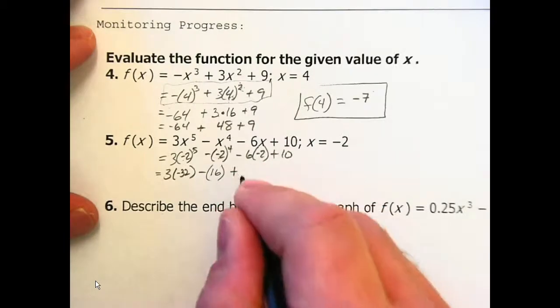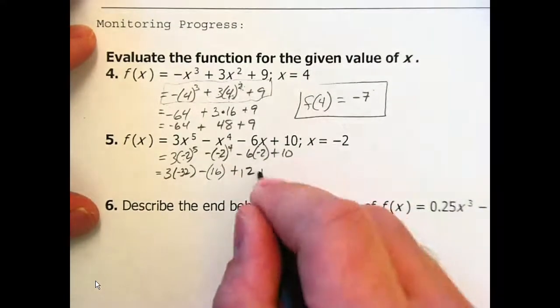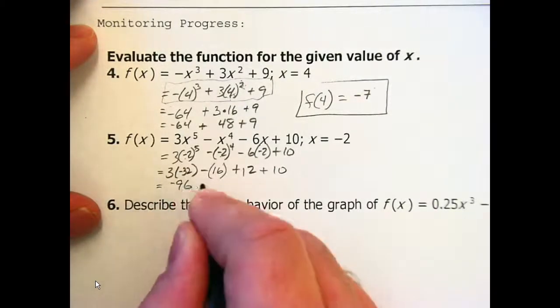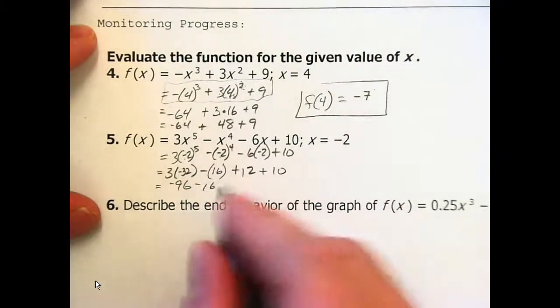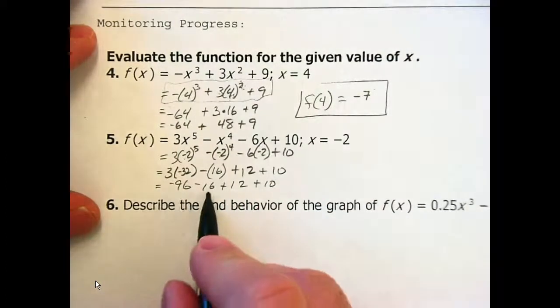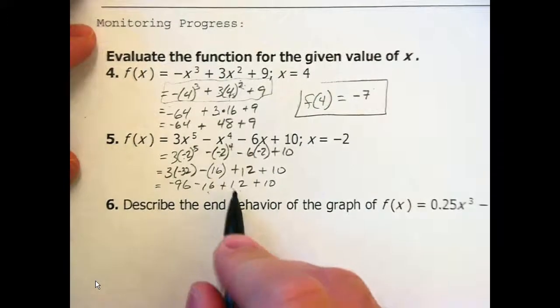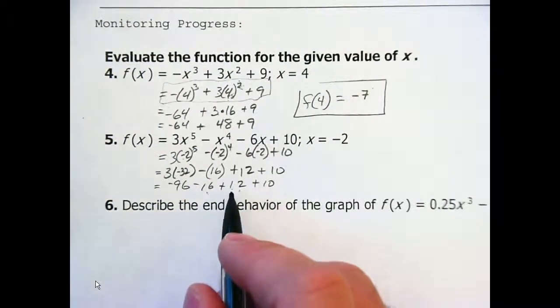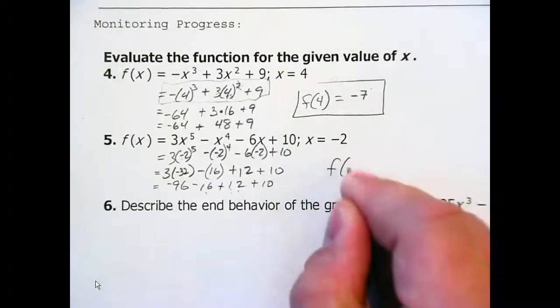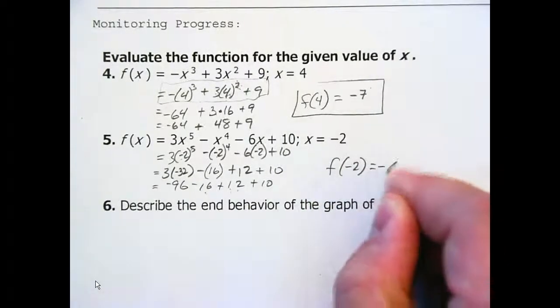That becomes plus 12. -108 plus 12 is -96, plus 10. f of -2 is -86.